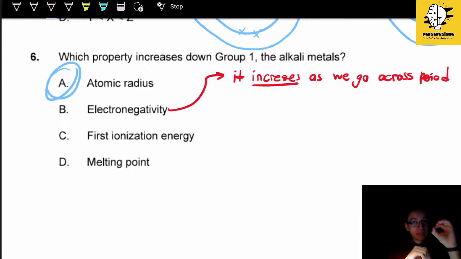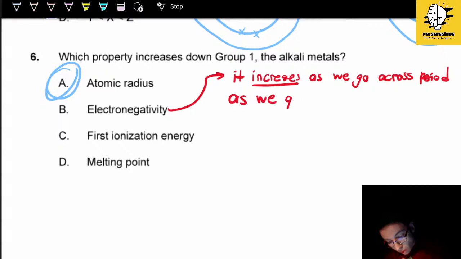It has a smaller atomic radii, so the nucleus is much closer to the bonding electrons. Therefore, it pulls them more easily, which makes it more electronegative. And as we go up the groups, it increases.